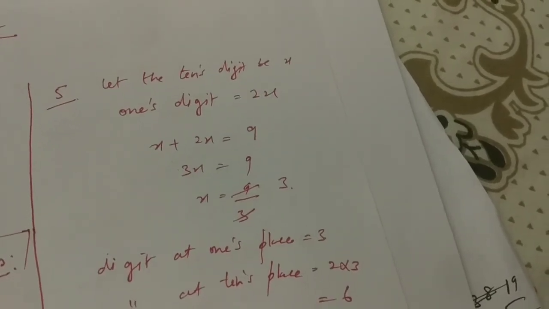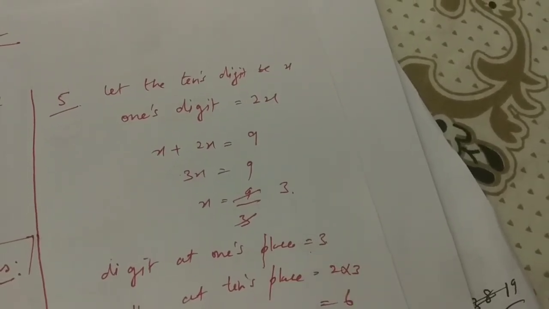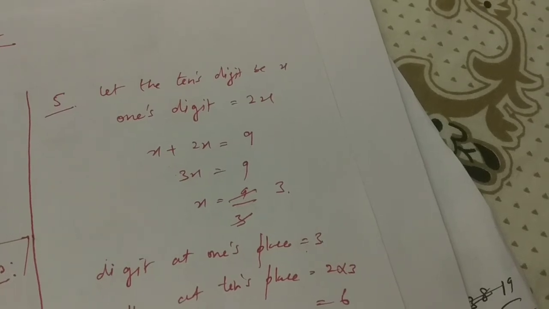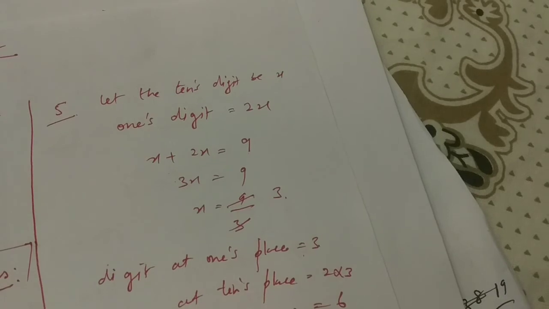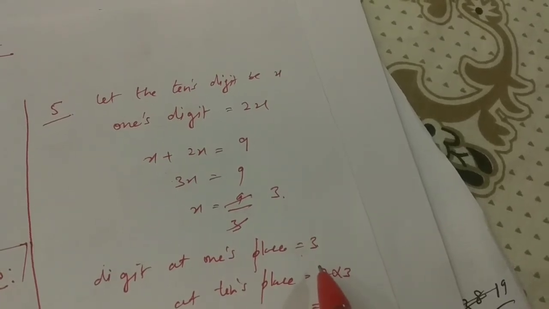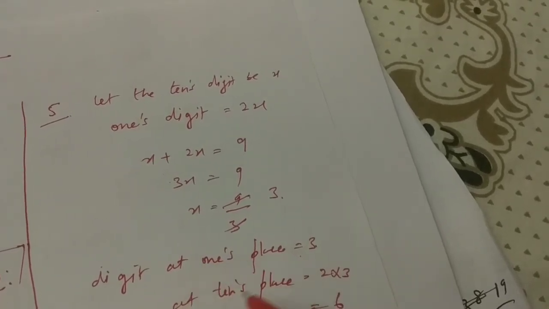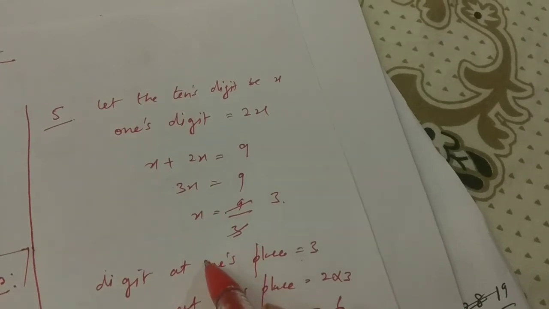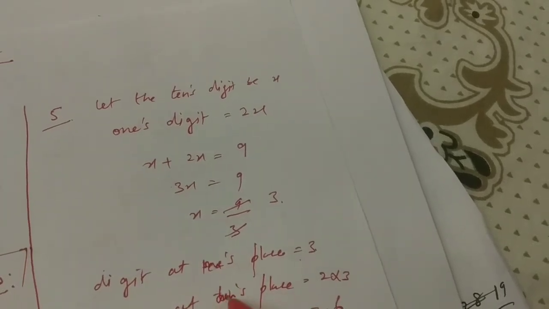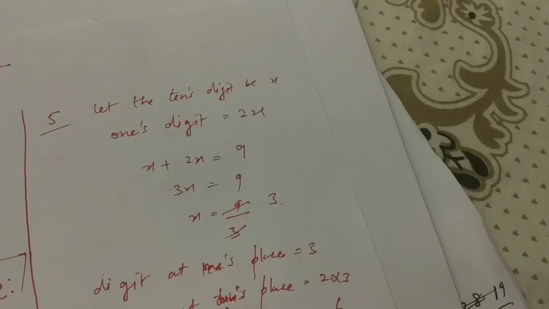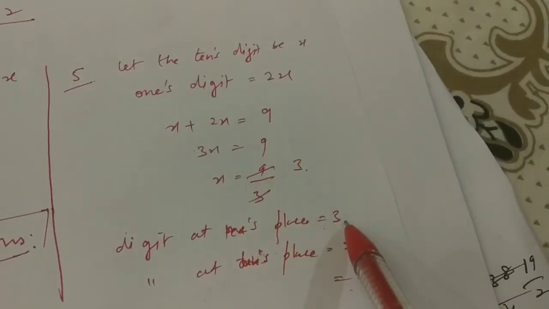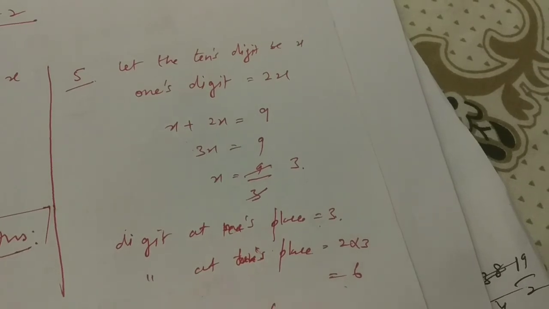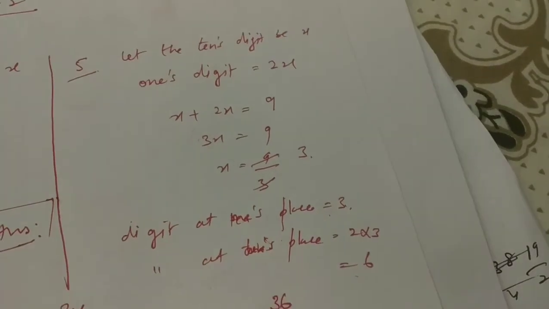So our number would become, this is digit at tens place, and this is digit at ones place, 36.